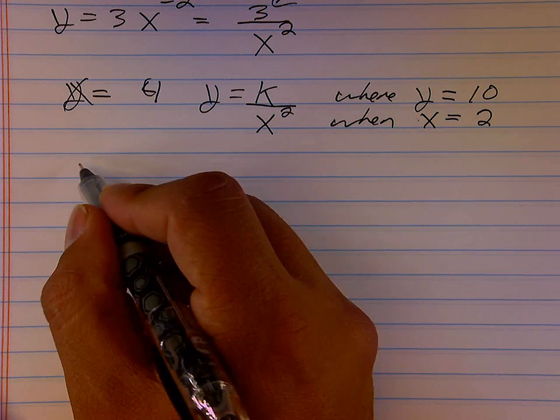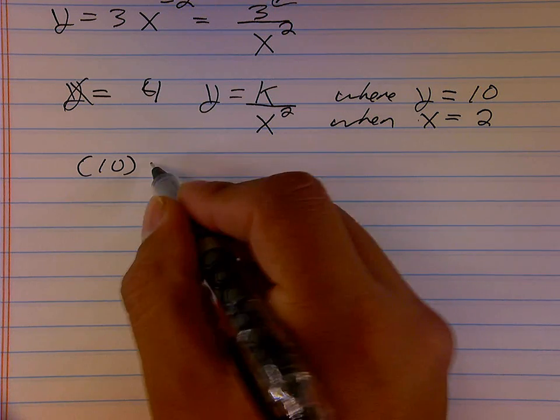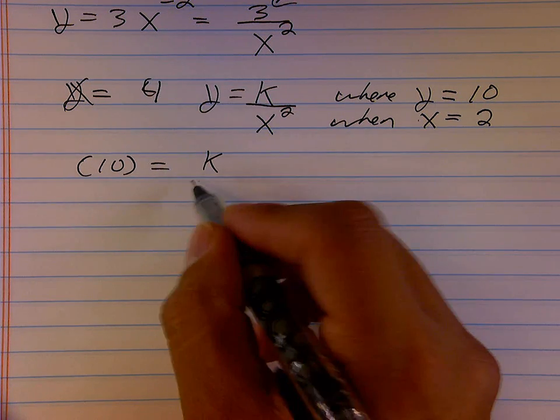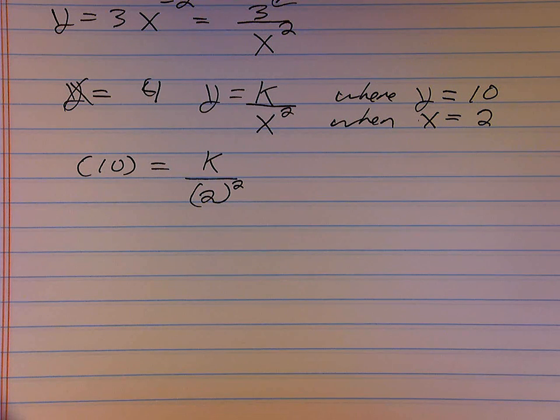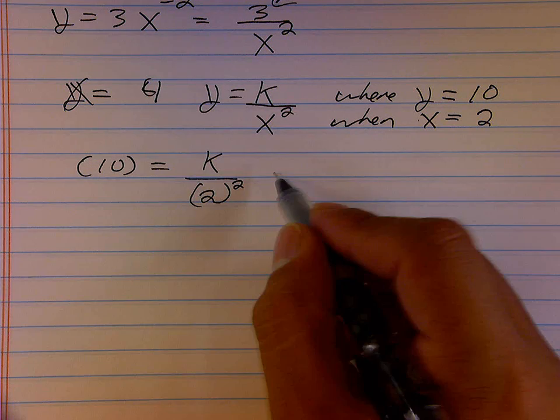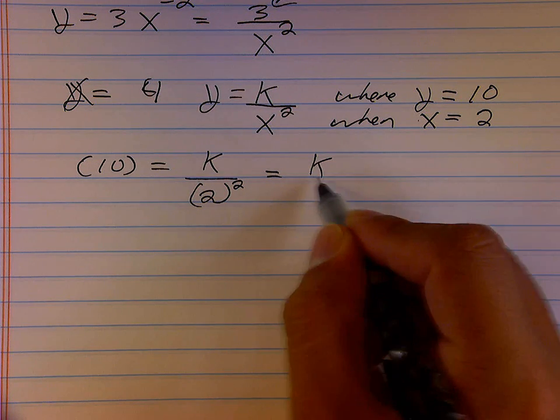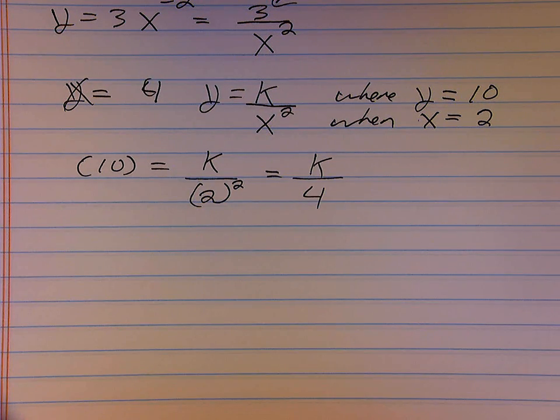So I'm going to plug in 10 for y and 2 for x. I'm going to simplify. So I have 10 equals k over 4.